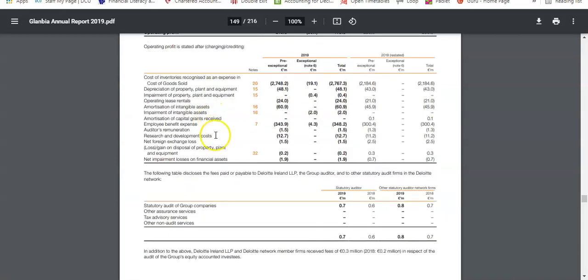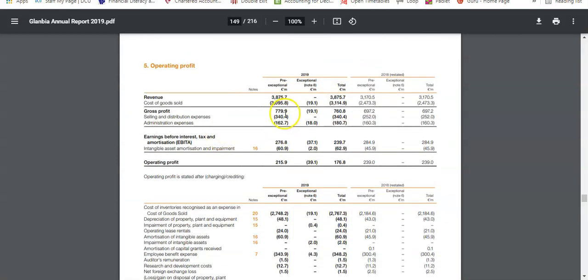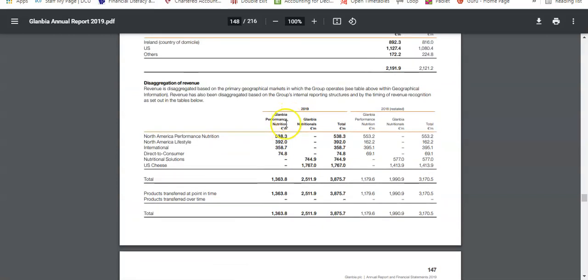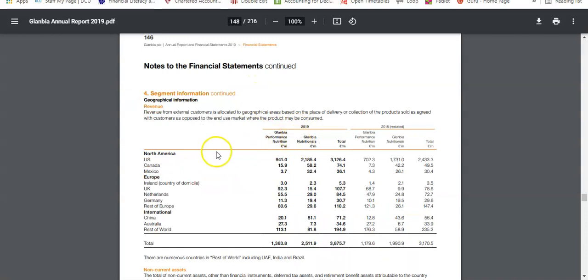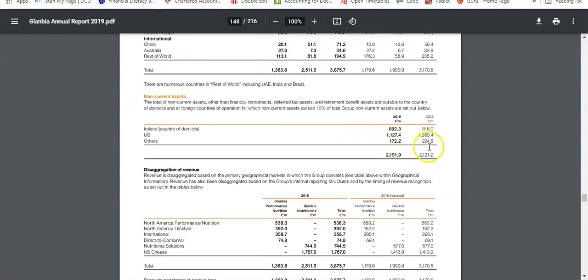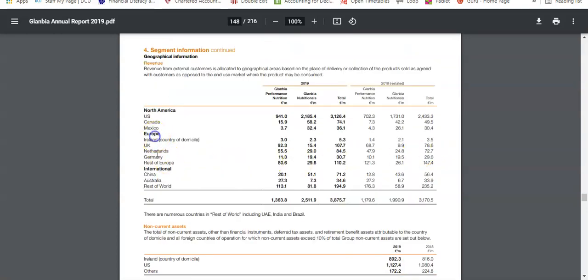They might give it in an earlier note. So the disaggregation of revenue, see it here? It's actually note 4 in the segment one. They break the revenue, the 3.1 billion, into Europe, international, North America, and they break it across performance nutrition or nutritionals. So a huge amount of breakdown has to be given under IFRS 15.